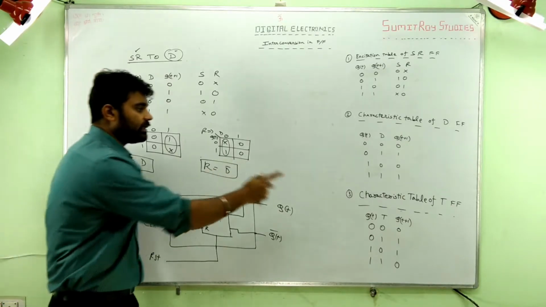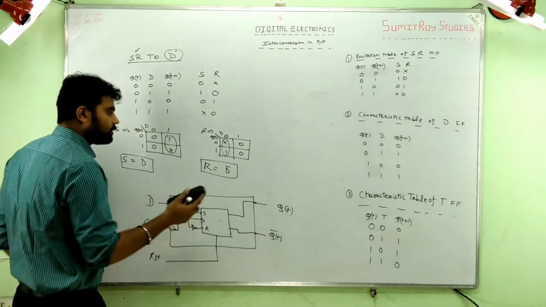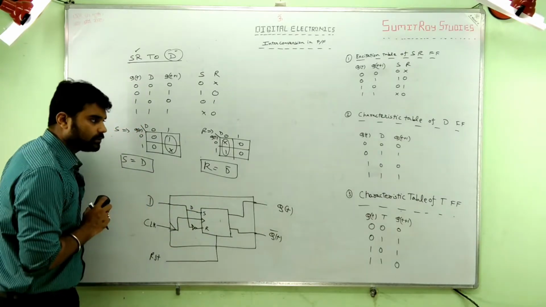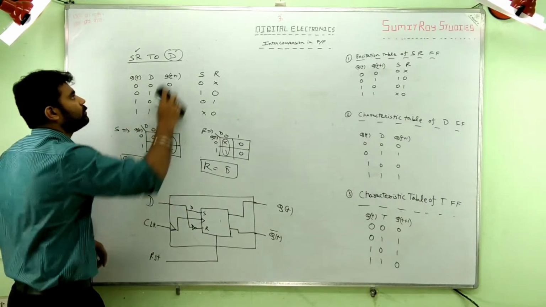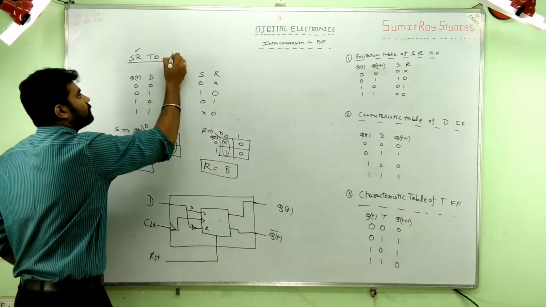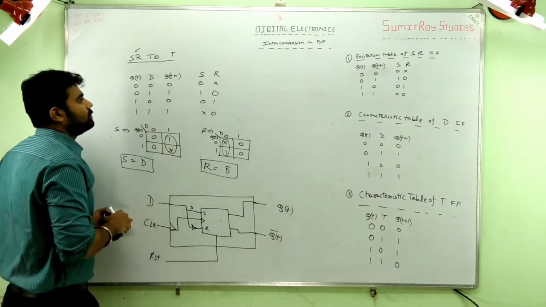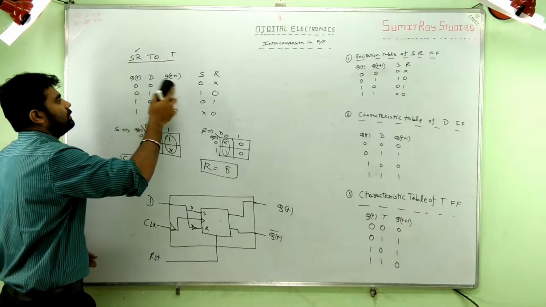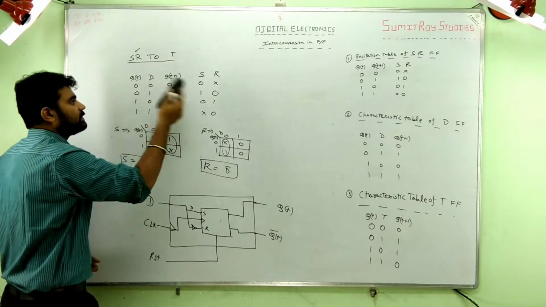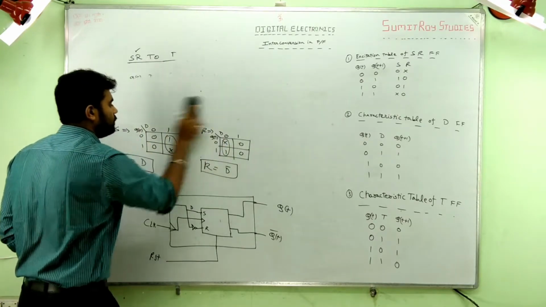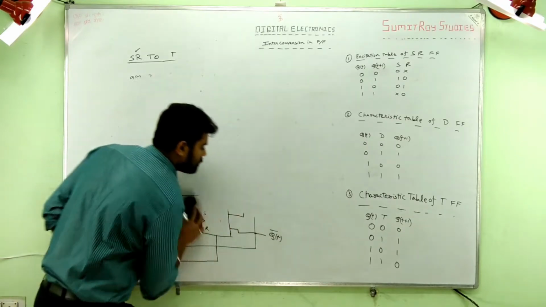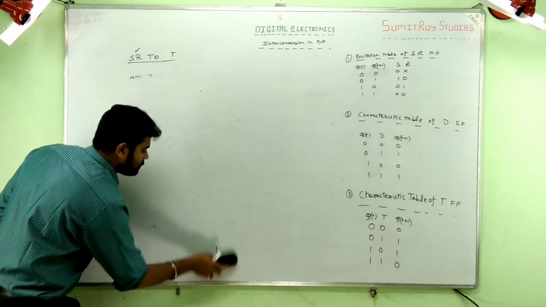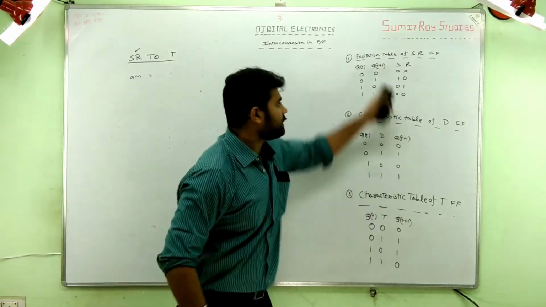Similarly, I'll do it for T also, in this class only. So this is the part for SR to D, now SR to T. So we are having T required now, so I just have to rub it out. Now we'll focus on this and this.